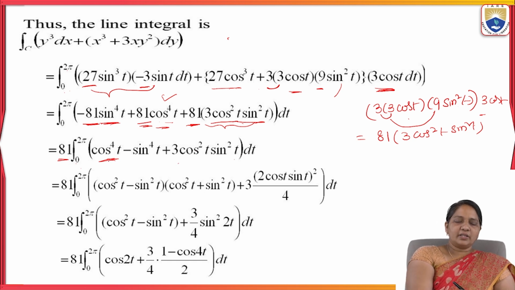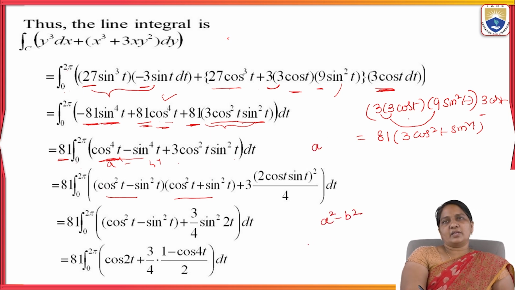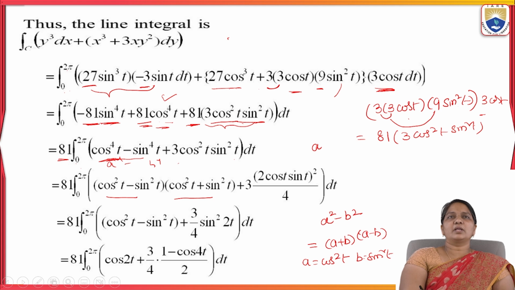Now I am writing this in the form of a power 4 and b power 4. So I can write this as a square minus b square form, that is a plus b into a minus b. What is the a here? A we are taking as cos square t and b we are taking as sin square t.